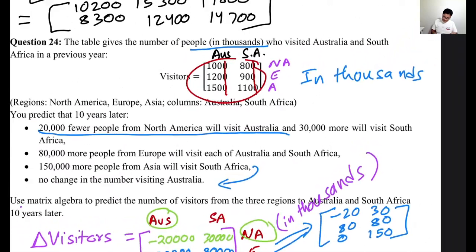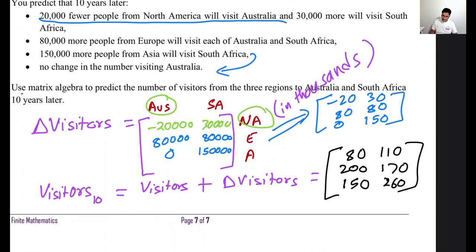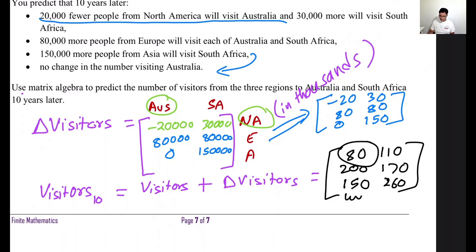So for example, the first entry would be 100 minus 20, that is 80 here. Okay. And so on, you can do the matrix addition like that and get your results there. Now, what that means is these many thousands. Okay, there will be 150,000 visitors from Asia to Australia in 10 years, and so on.